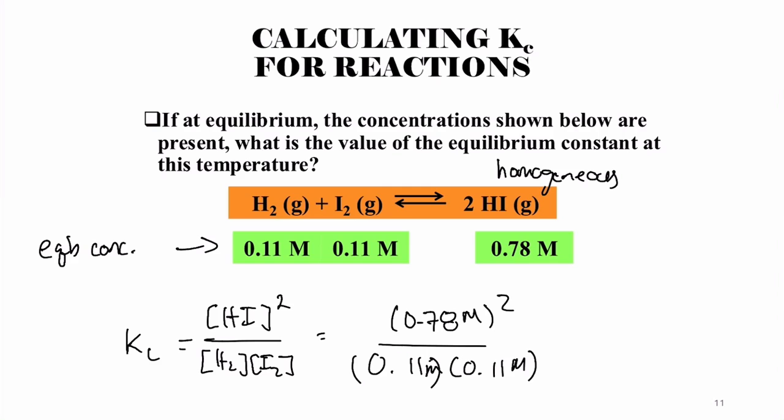Where did my calculator go? 0.78 squared divided by 0.11 squared. So this should be about 50.3 is what this equilibrium constant should be. So when we're actually solving for the equilibrium constant, all we're doing is plugging the equilibrium concentrations into our expression.